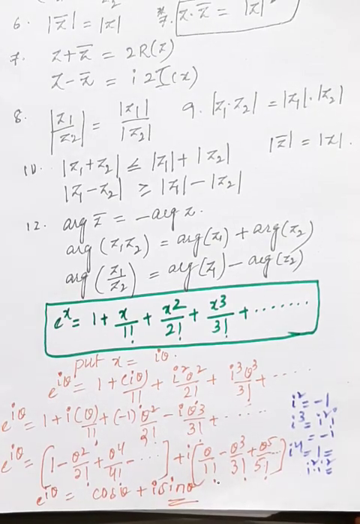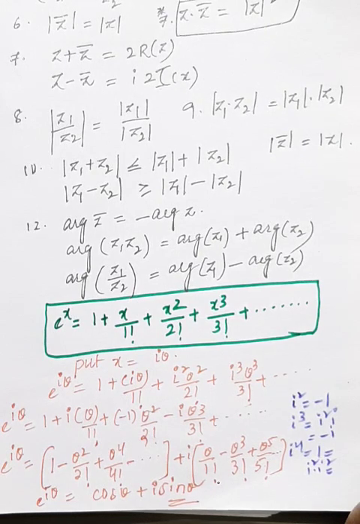So from this expansion only we have written e power i theta is equal to cos theta plus i sin theta. Therefore the modulus amplitude form converted to exponential form by using this e power i theta expansion. That is exponential form can be written as r into e power i theta, whereas modulus amplitude form is written as r into cos theta plus i sin theta.